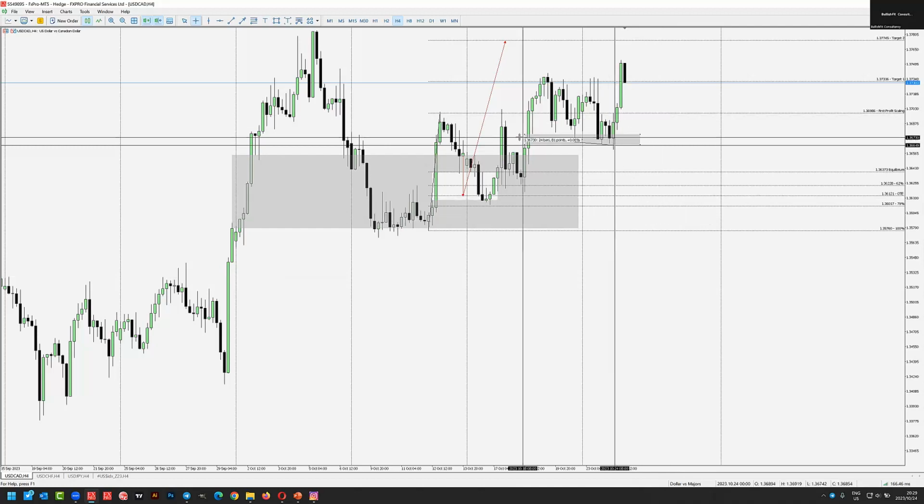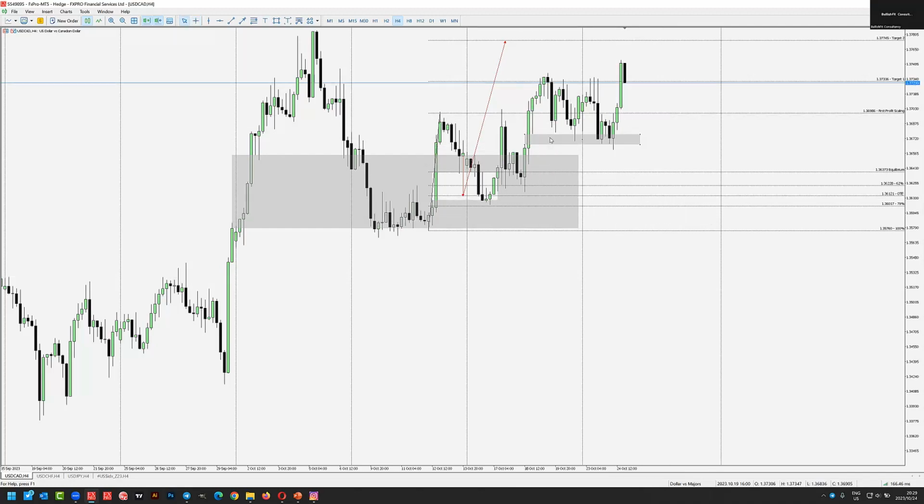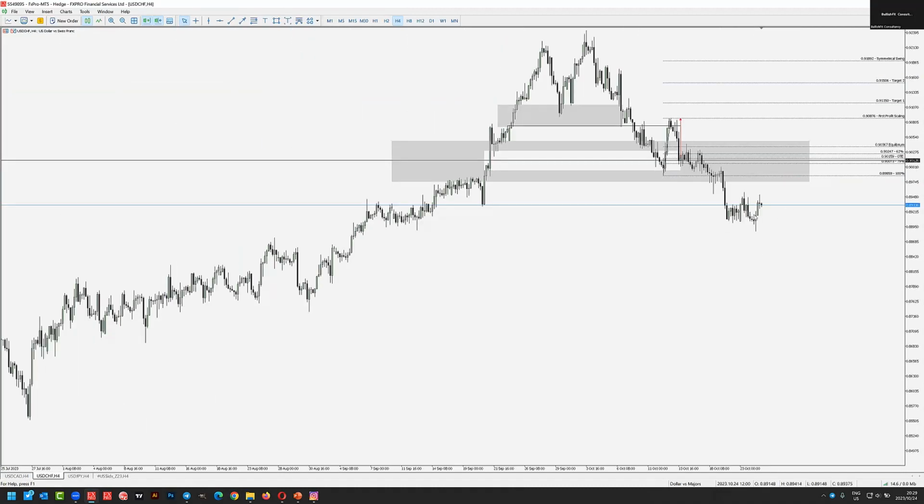So you'd already know that dollar is running sell side liquidity under an old low at a time when USD CAD is trading in fair value. You see, I'm looking at the same time frames, both H4. If you look at USD CHF, USD CHF did run old lows.